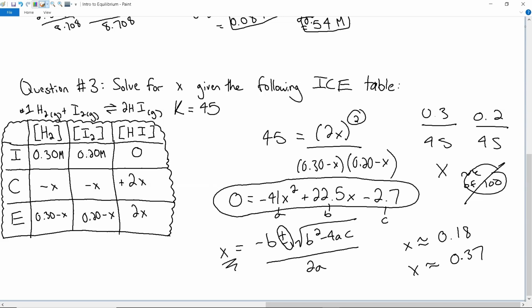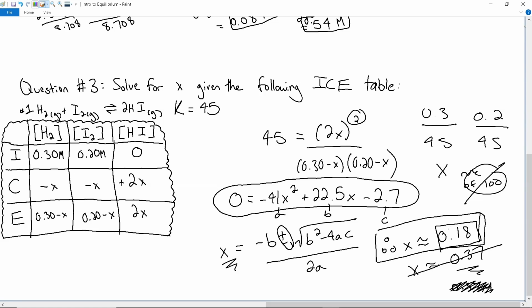We started with 0.2 molar of iodine. So if I have a change of 0.37, that's impossible, right? I'm going to have a negative concentration for my reactants. So we can ignore this one. The only one that makes logical sense is 0.18. So this is our final answer.